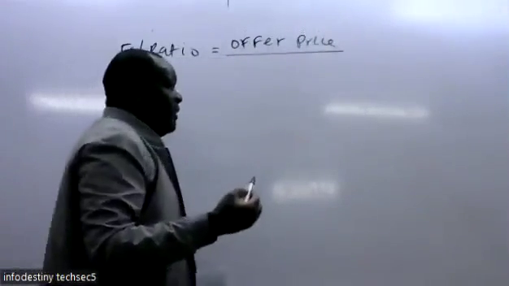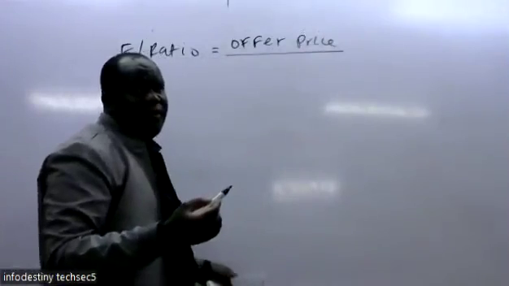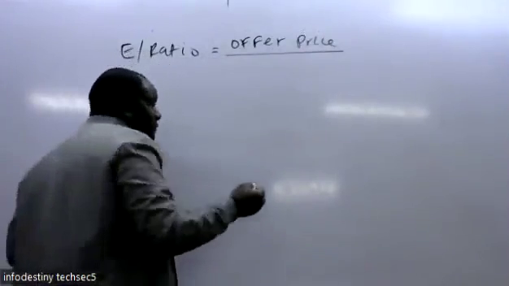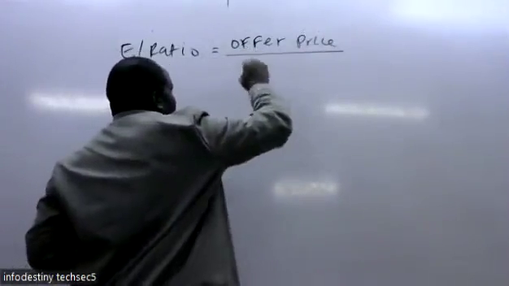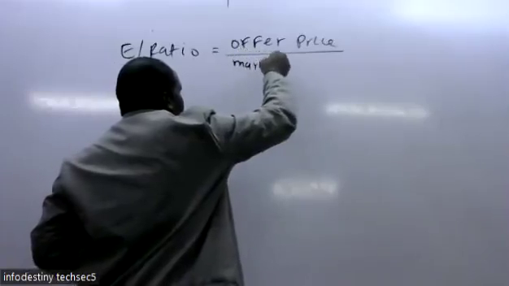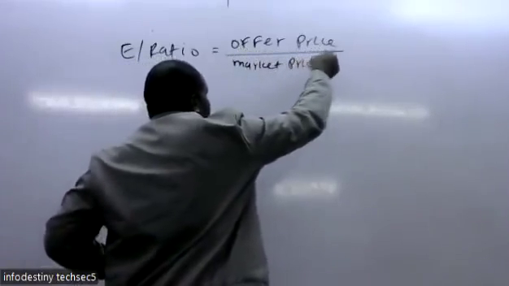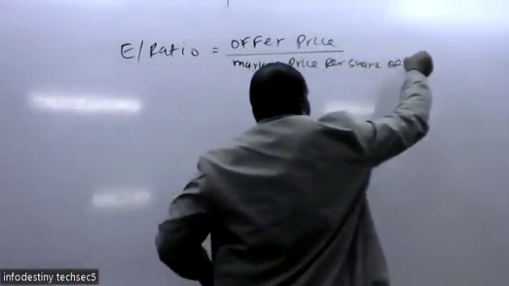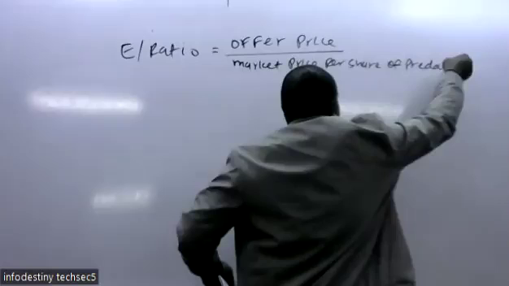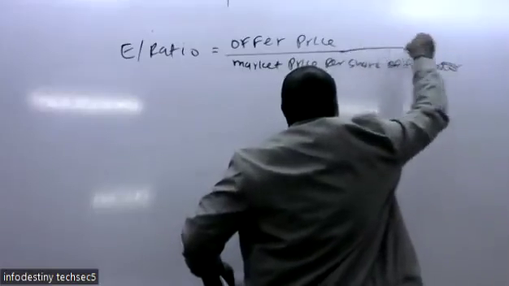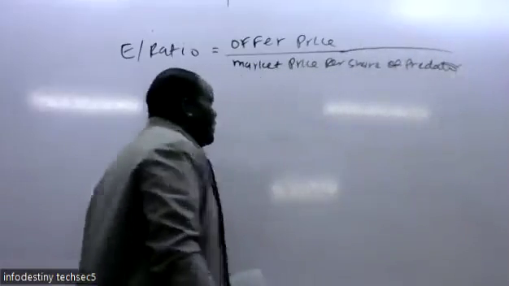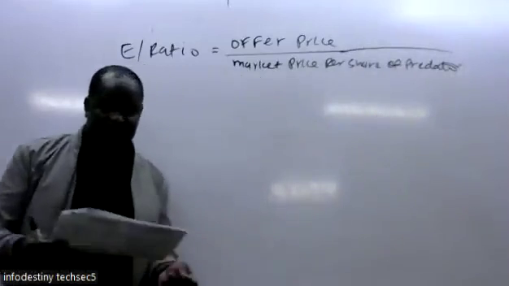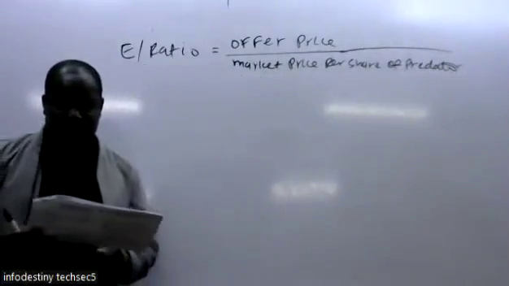Then we divide by the market price per share of the predator. They have given you a new offer price in the Roman letter 2 of the question.